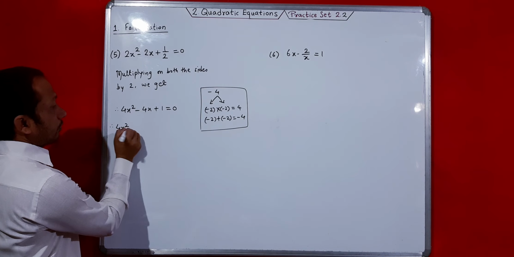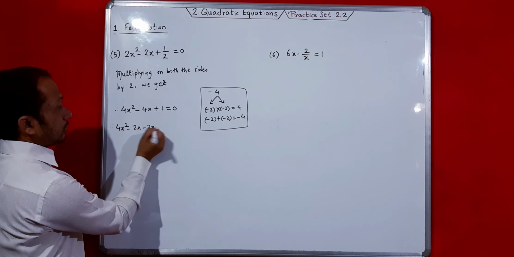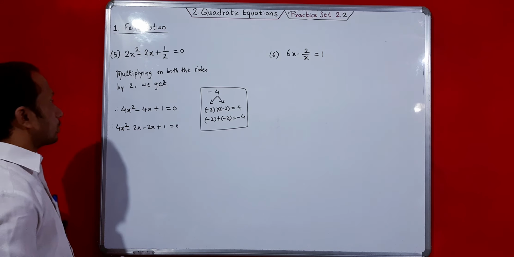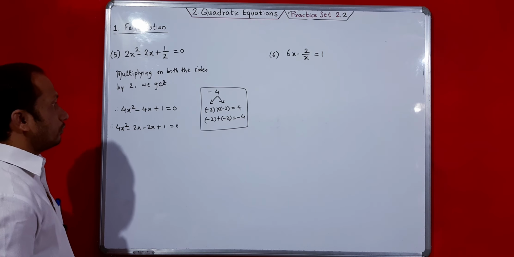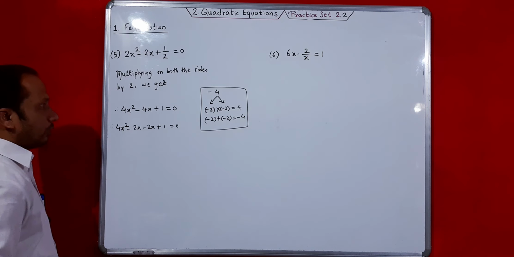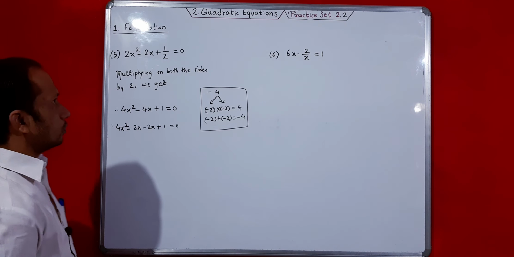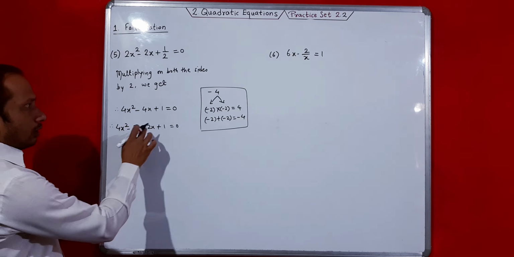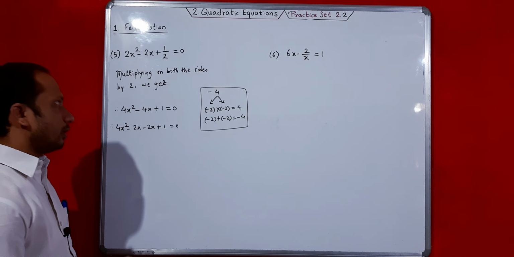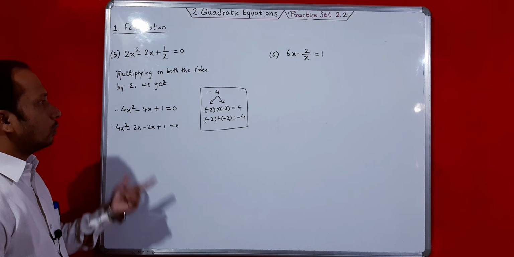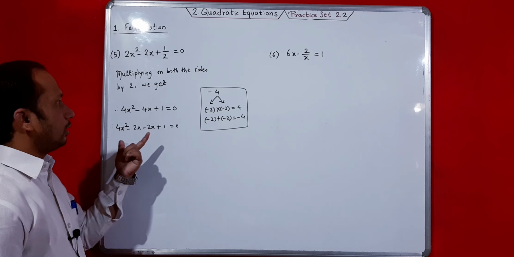4x square minus 2x plus 1 is equal to 0. Okay, so in this case what is common, you know that common is what, 4. If I take 4 common, so I'll get 4x, okay, so I'll get 1 minus 1 half, x minus 1 half. And in this case also, if I take minus 2 out of the bracket, I'll get 1 and minus 1 half.